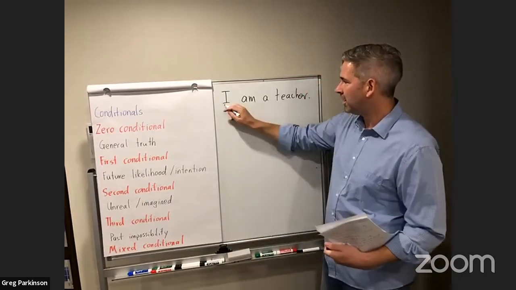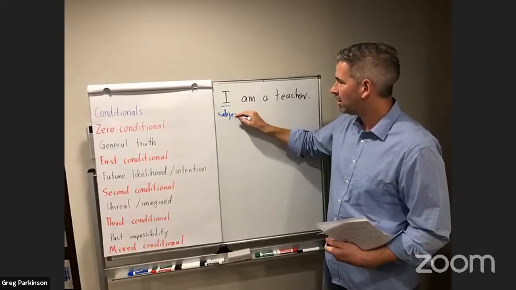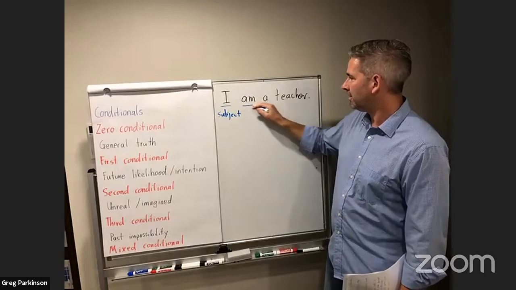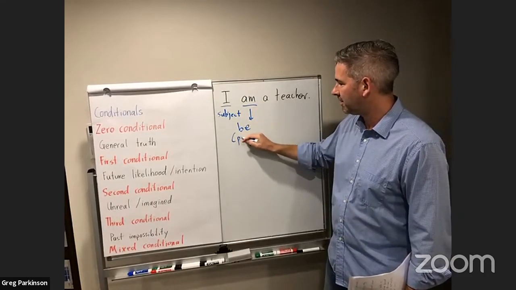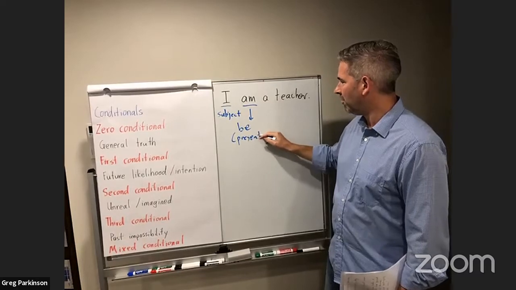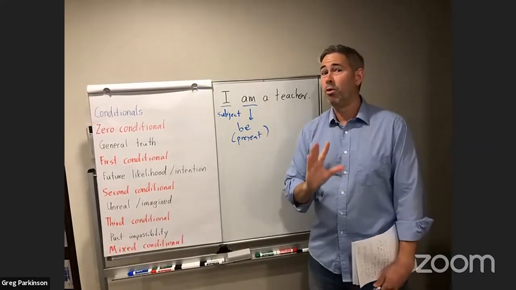So we have a subject, right? And we have the verb be, the present form of be. So this is a simple way of representing form, right?